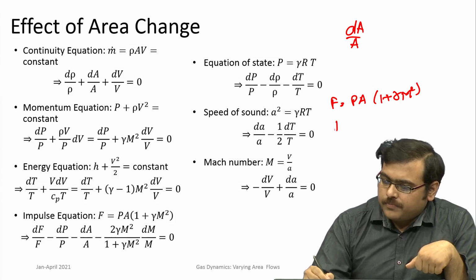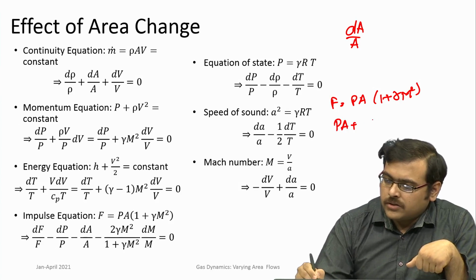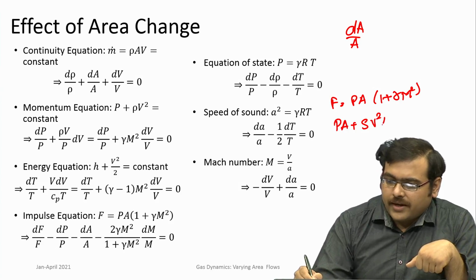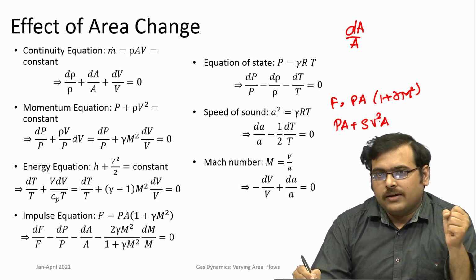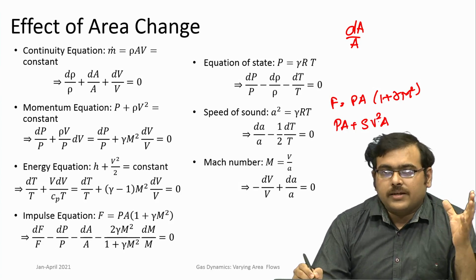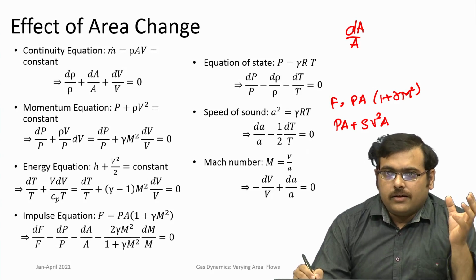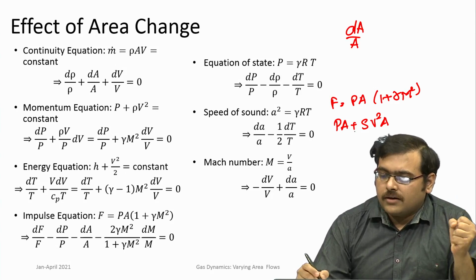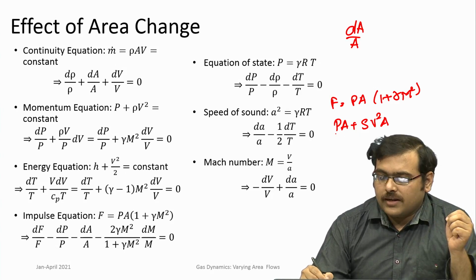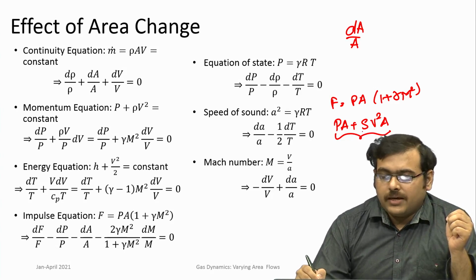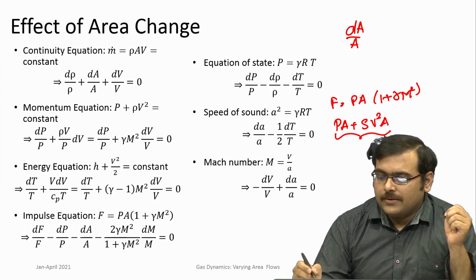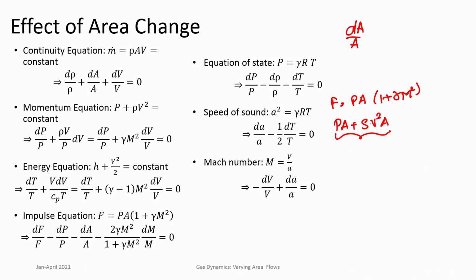This comes from PA plus rho v square A. At a particular section in quasi-1D flow, you integrate the momentum equation, then at any particular section you can define this quantity PA plus rho v square A. It comes from the momentum equation, and this is nothing but the impulse that is imparted there.